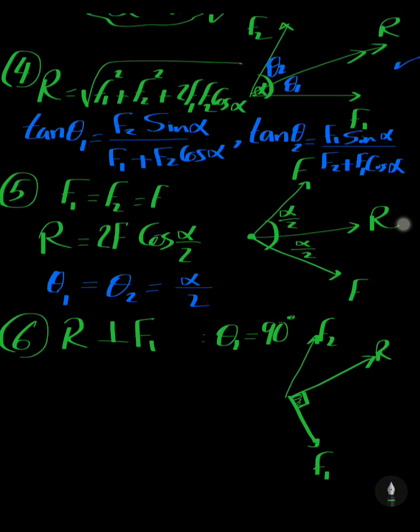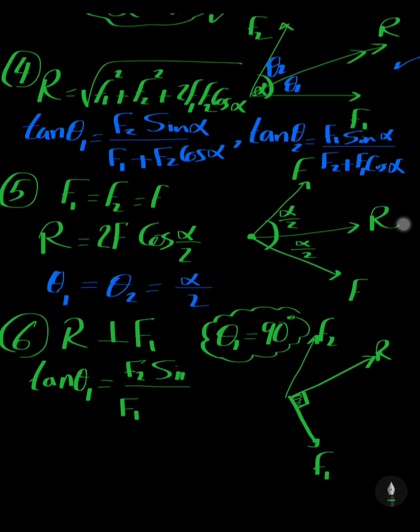If the resultant is perpendicular to F1, then theta 1 equals 90. If we substitute in this rule, tan theta 1 that we said in the fourth case, tan theta 1 equals F2 over F1, and complete the rule, tan equals sine over cosine. We put here F2 sine alpha and here F1 plus F2 cosine alpha.